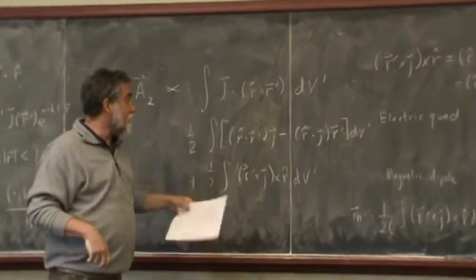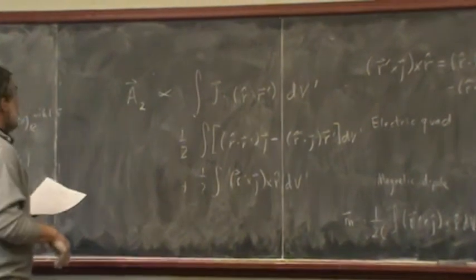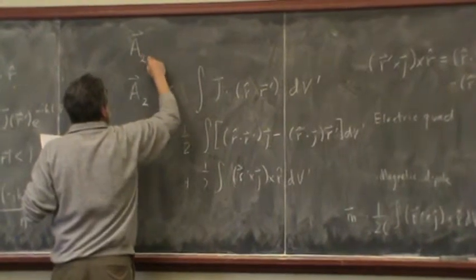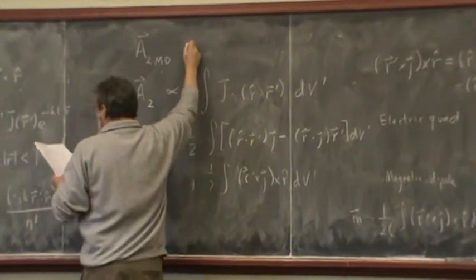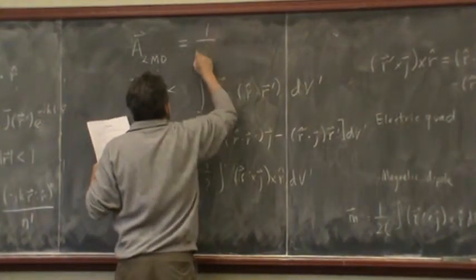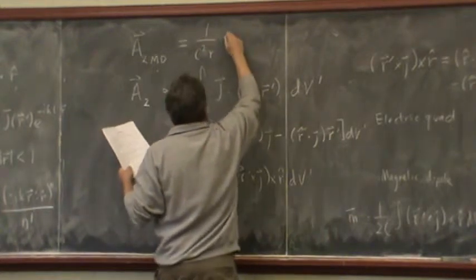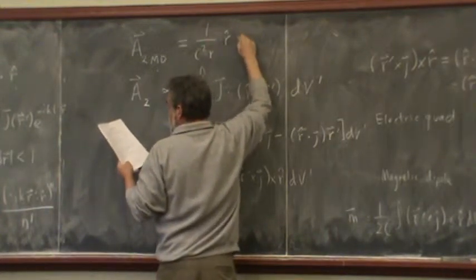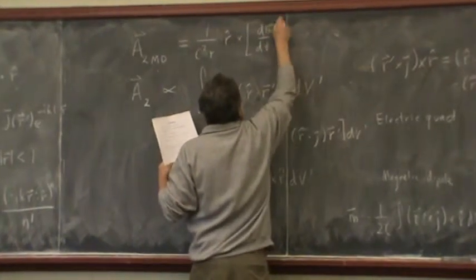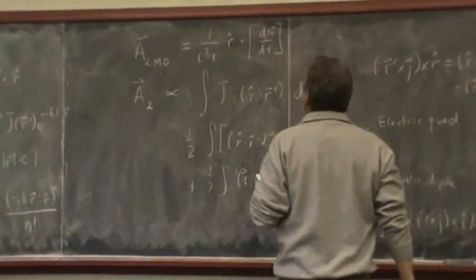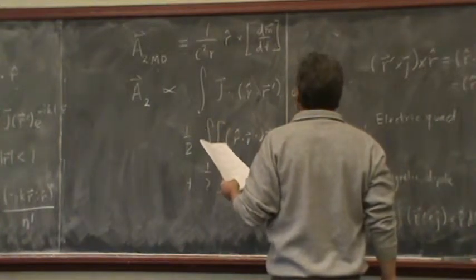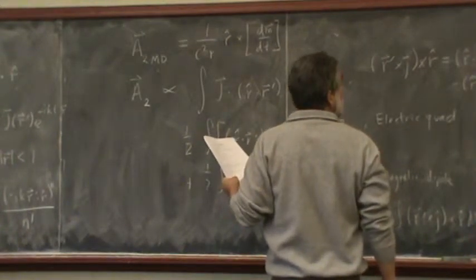Then I have my magnetic dipole, and the vector potential for the magnetic dipole is equal to, I don't have to worry about the proportion here because I'm copying this from somewhere, 1 over c squared r, the distance, r hat cross dm/dt. And I seem to have dropped an e to the ikr, oh no, I haven't. I'm okay.